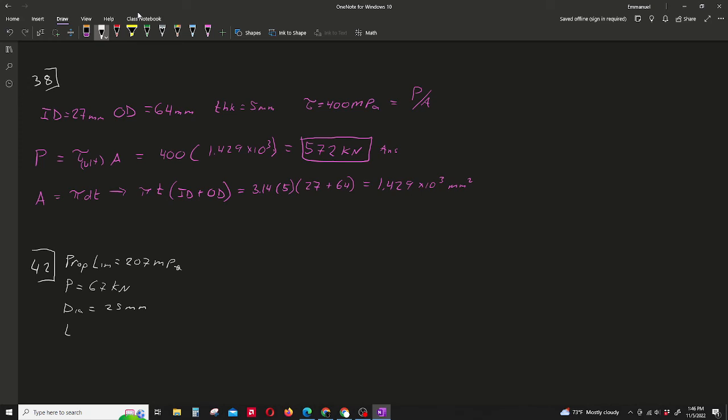And L for length is 3 m. So these are known values. Our unknown values is stress, strain, and total elongation. So stress, strain, what's strain? E or epsilon. Total elongation is lambda.